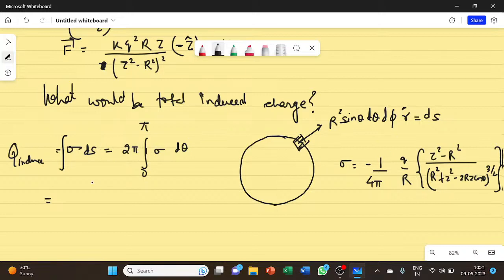This is what I'll get, and if I integrate this up, I'll get 2 pi. So this will be minus q upon 2, and there is an r here and r square here, so I'll write r outside. This z square minus r square will also come outside.